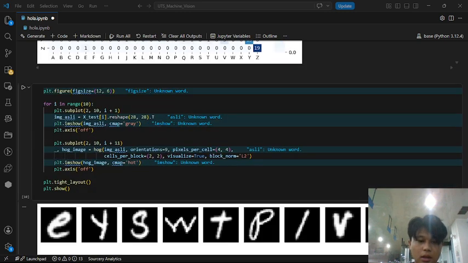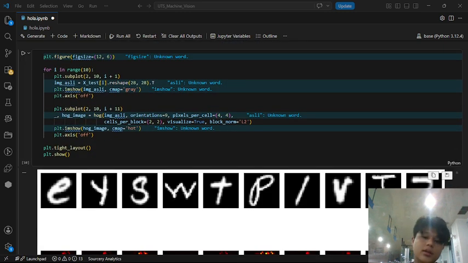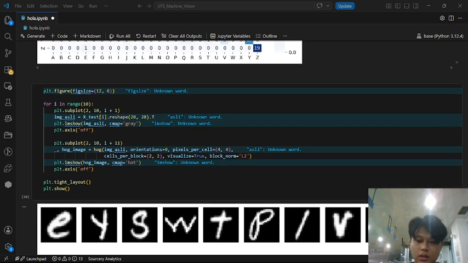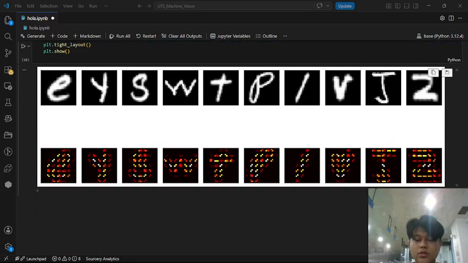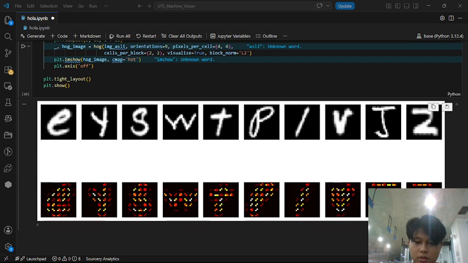Okay, next, this is the original image, and this is the HOG feature extraction. For the explanation, I show the top row visualization. This is an original image from the MNIST letter dataset. These images are now displayed perfectly upright.